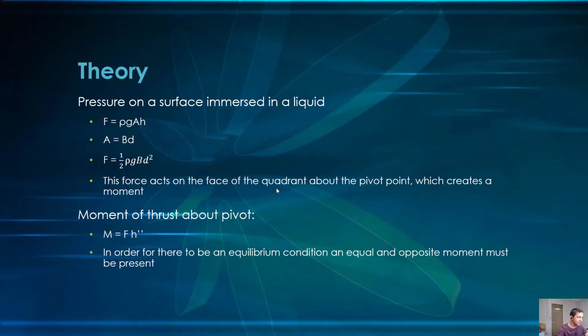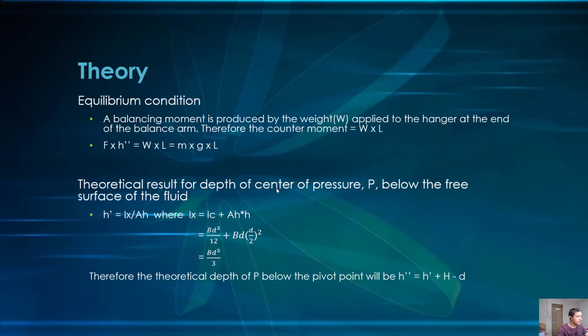So here are some formulas, but since the time is quite low, I'll pass them. The main thing here is the equilibrium condition. To find the center of pressure, we need the equilibrium of forces and moments.